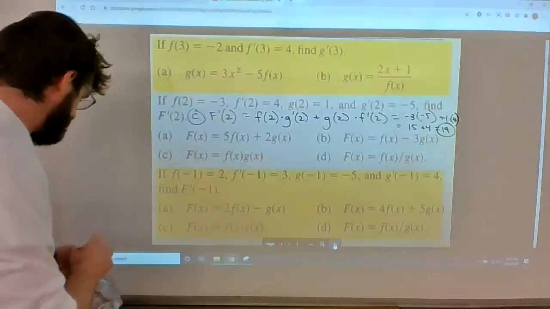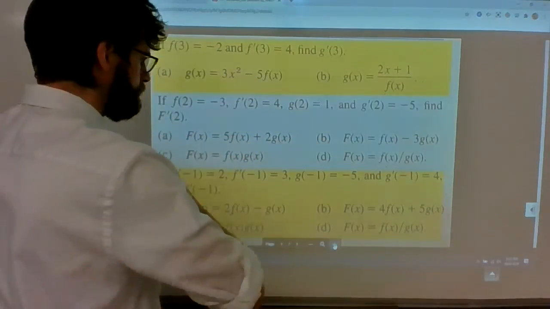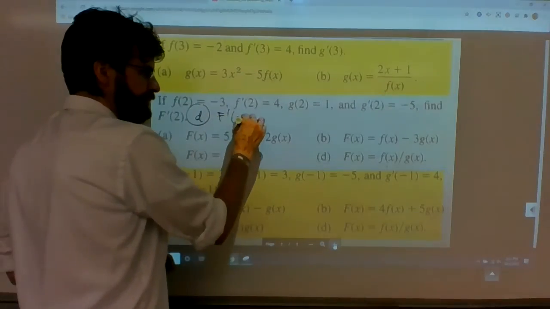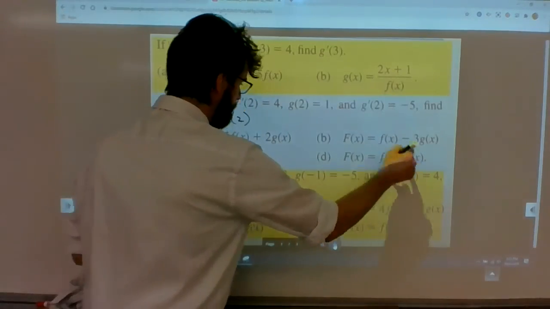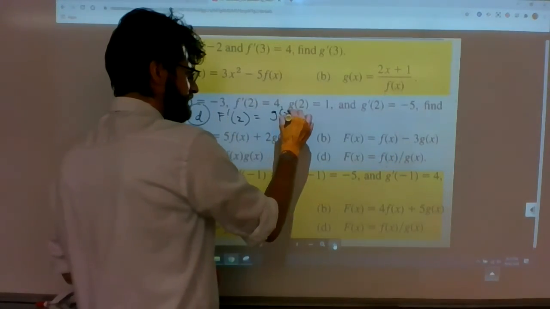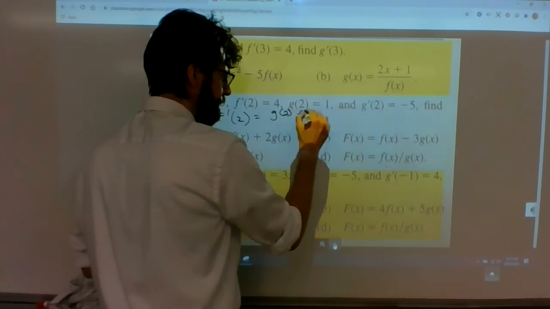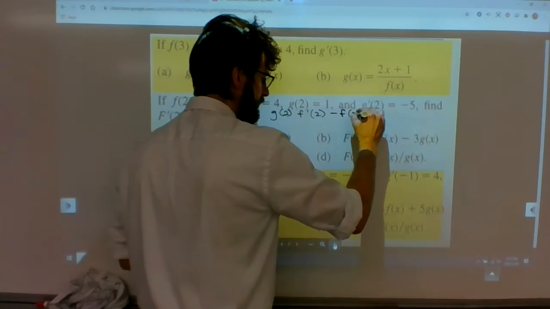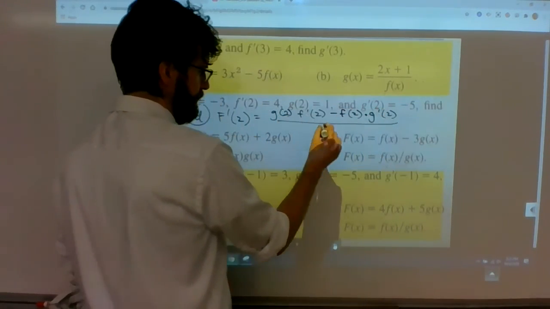Okay, last one, D. F prime of 2 equals, got to do quotient rule, the bottom times the derivative of the top, which these are 2's now, minus the top times the derivative of the bottom, all over the bottom squared.